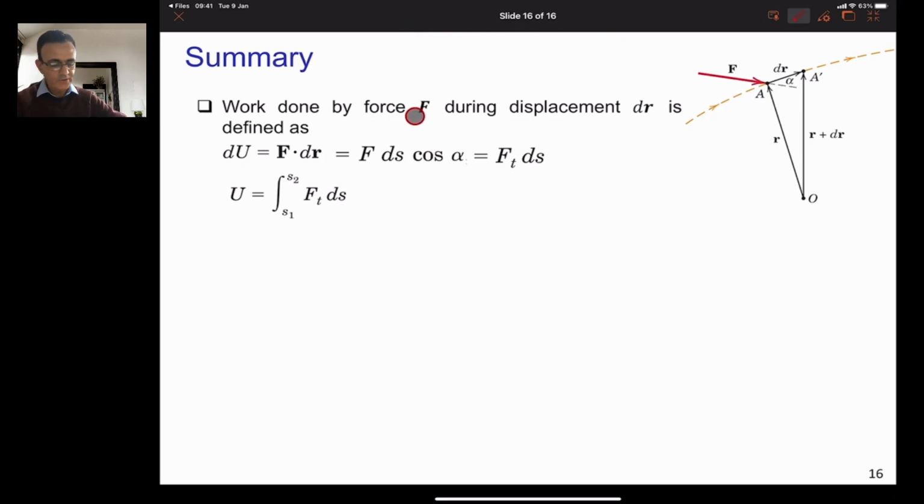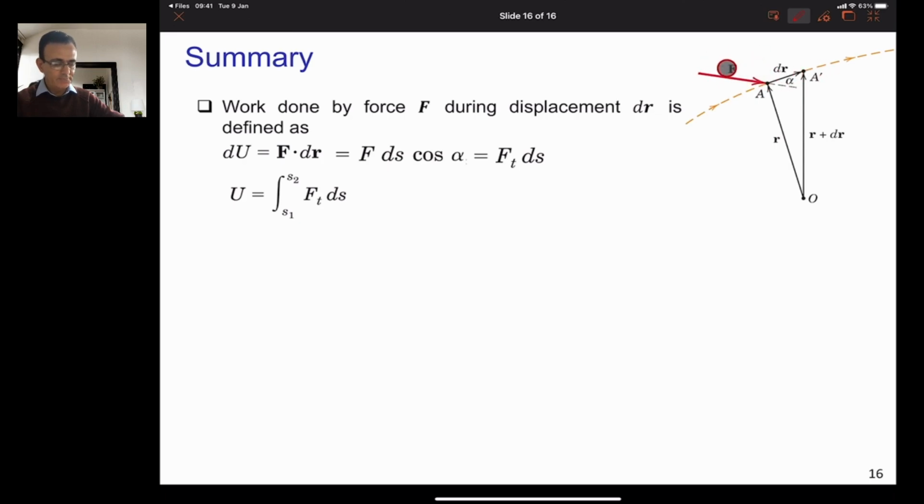Now we can summarize today's lecture. We first defined work, and then we derived the equation for how you calculate work. The work done by force F during displacement dr is defined as this. Consider that the body is moving along this path, initially at location A, and then it moved to location A dash.